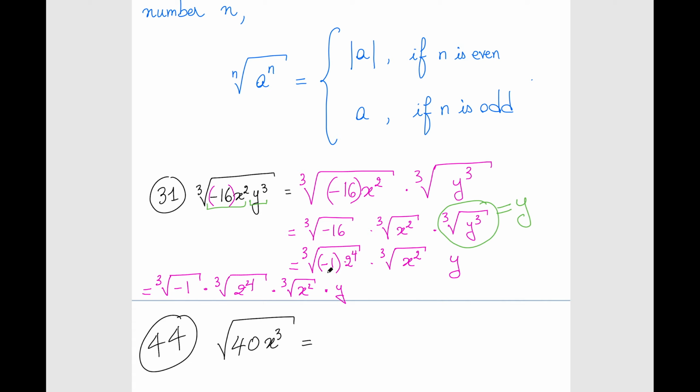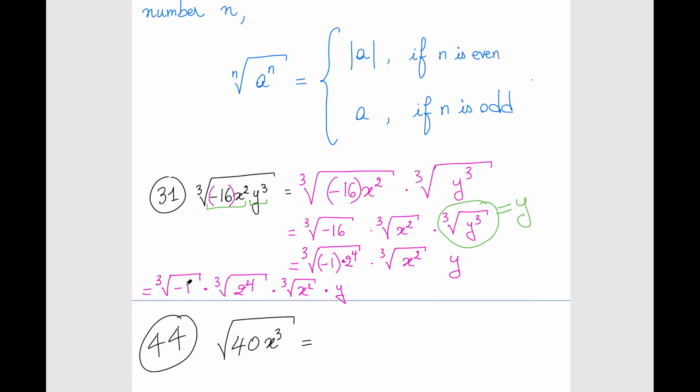Correct? This I'm just copying. For the first 2 expressions, I just split this thing by using the product rule, with negative 1 as a and 2 to the power 4 as b. So I get this, right? Okay.